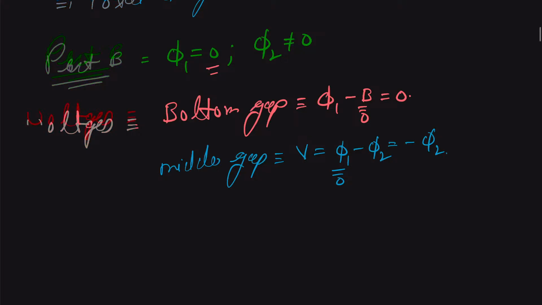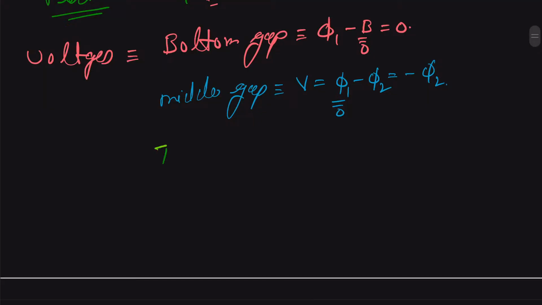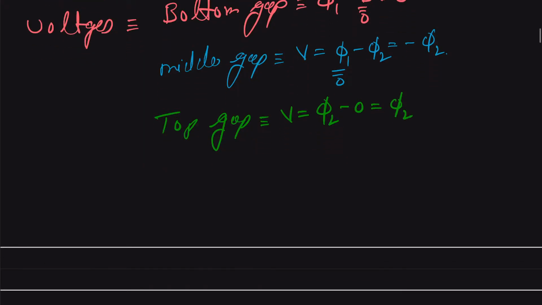Then we come to our top gap, and this gives V equal to phi 2 minus 0, which is nothing but phi 2. Based on these voltages, we are going to find the various charges on plate 1 and plate 2 because of the gaps, and then we are going to add them.